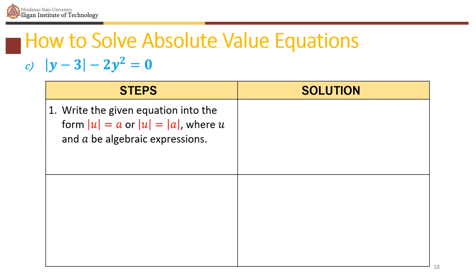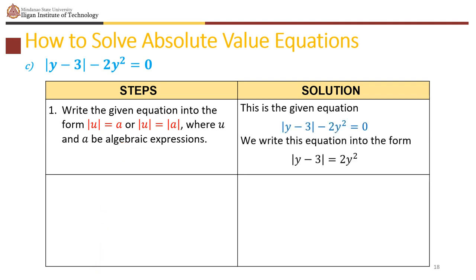In this case, we make use of the first form, which is absolute value of u is equal to a. So that when we rewrite absolute value of y minus 3 minus 2y squared equal to 0, we can simply add both sides by 2y squared and come up with absolute value of y minus 3 equals 2y squared.